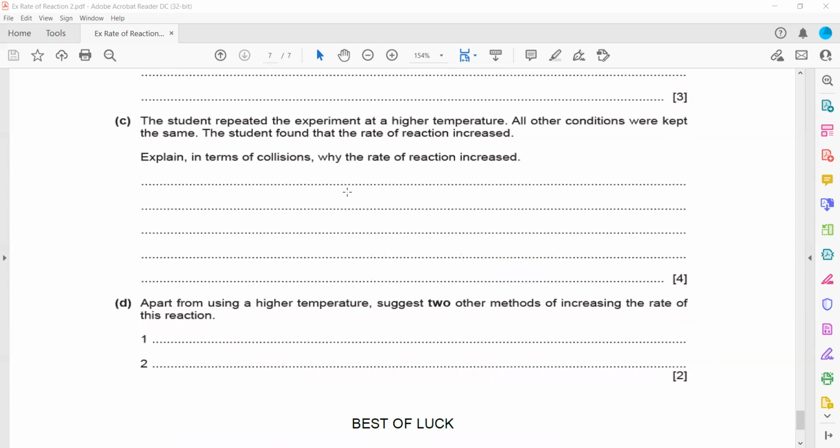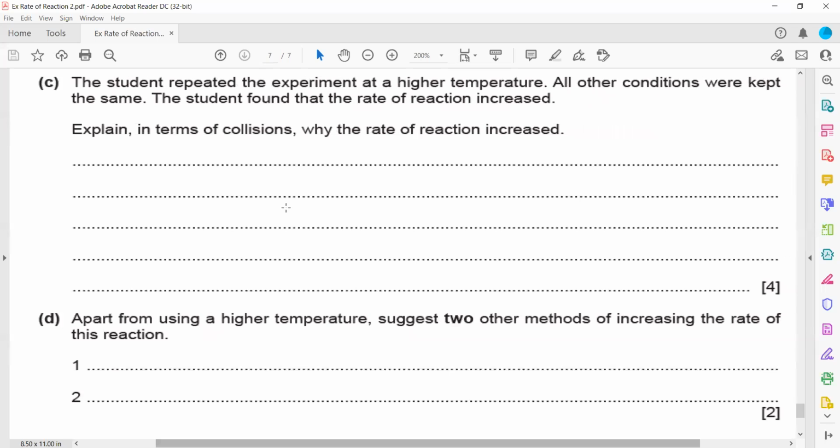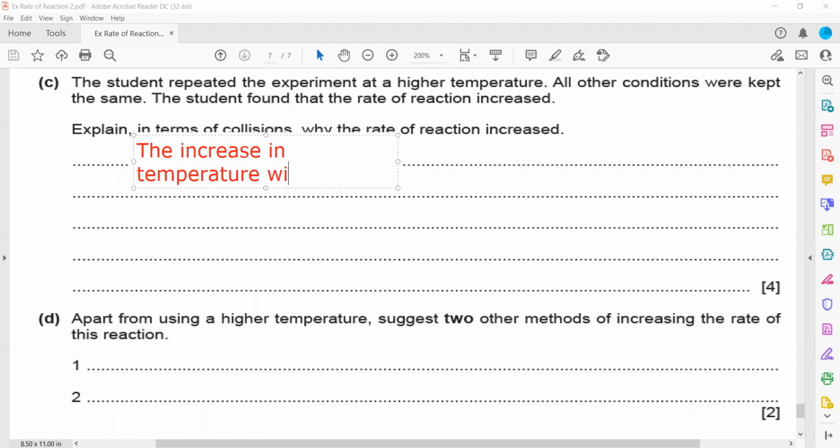Then question 3: the student repeated the experiment at a higher temperature. Same question, same pattern, but it's of 4 marks. So the same answer I should write. In terms of collisions, we have to explain this. First thing, we'll mention the rate will increase, because as we increase the temperature, the rate will increase. The increase in temperature will increase the rate of reaction.